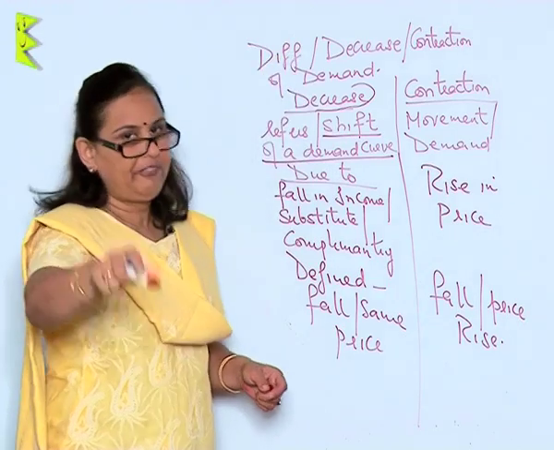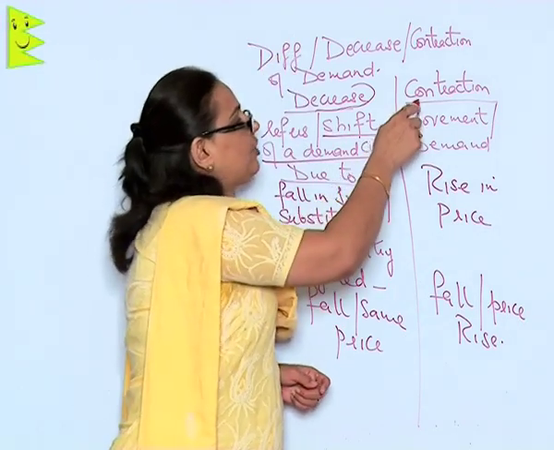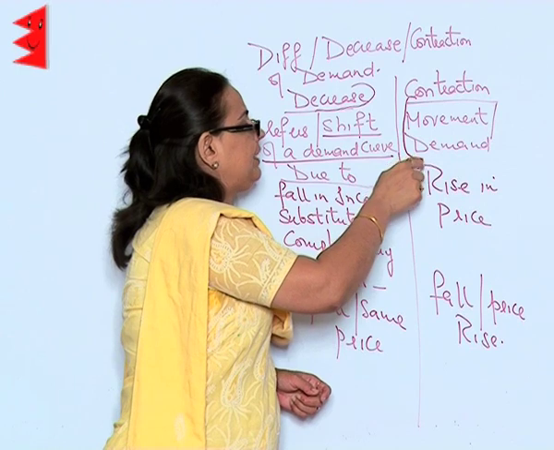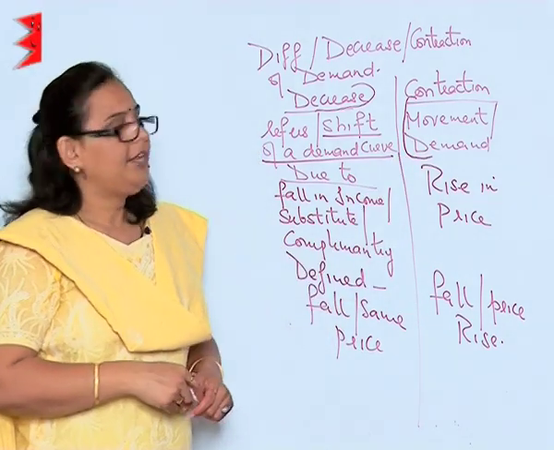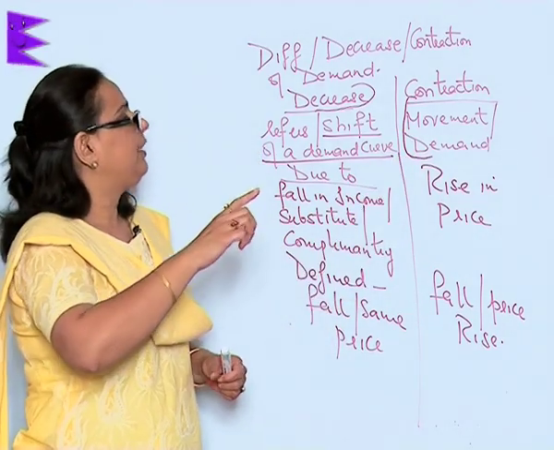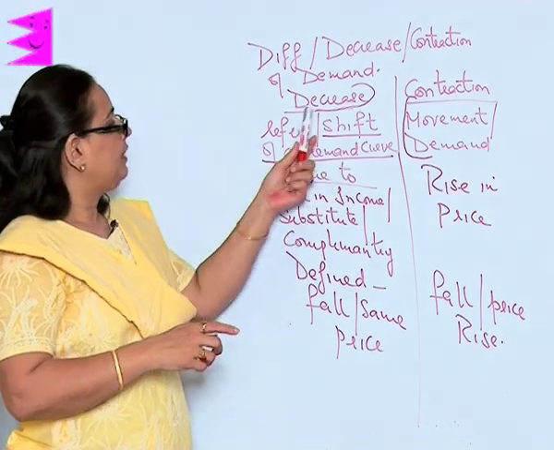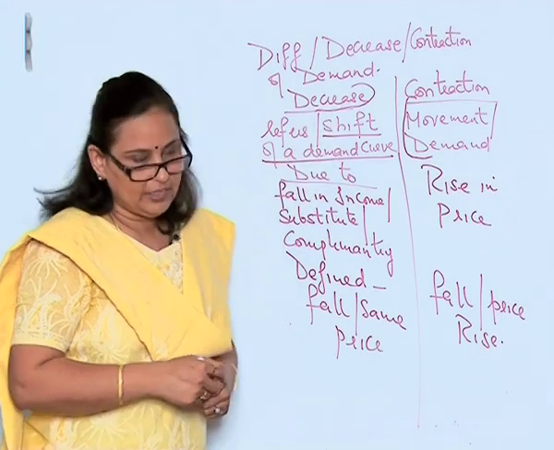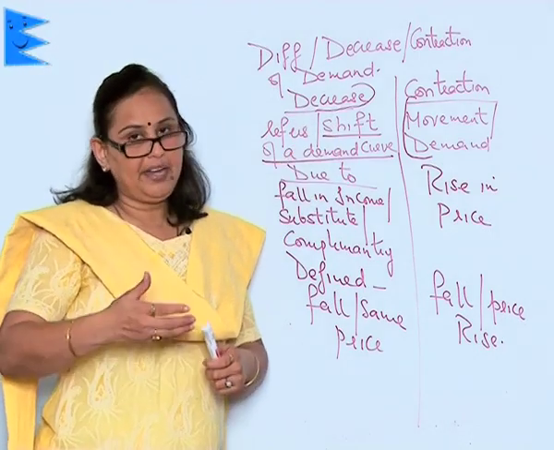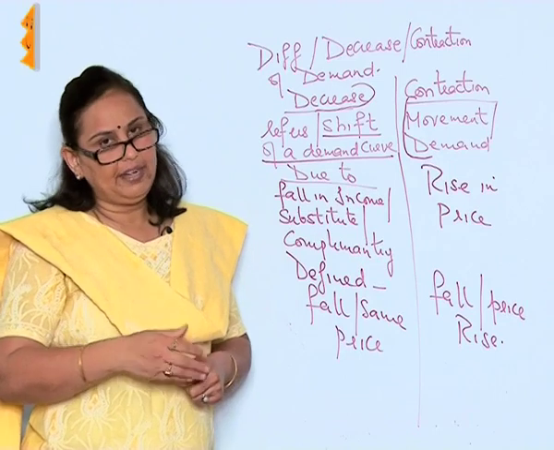There is a total shift, but the contraction of a demand, it is referring to the movement along the demand curve. Then when the decrease in a demand takes place, it gets affected due to various factors.